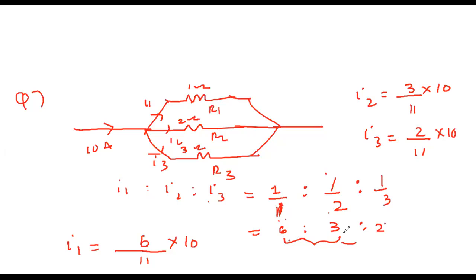Now 6 plus 3 plus 2 is 11. Out of 11, 6 parts is I1, so from 10 how much? Out of 11, 3 from 10 how much? Out of 11, 2 from 10 how much? This way you can get the answer very fast in 3 branches. Solve, then I am giving 1 or 2 more examples.